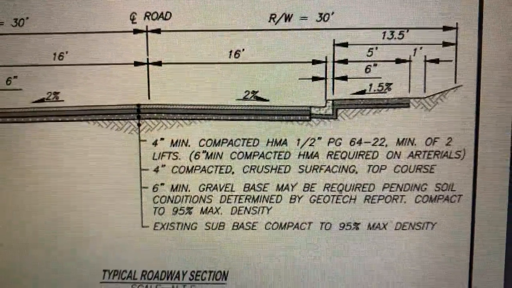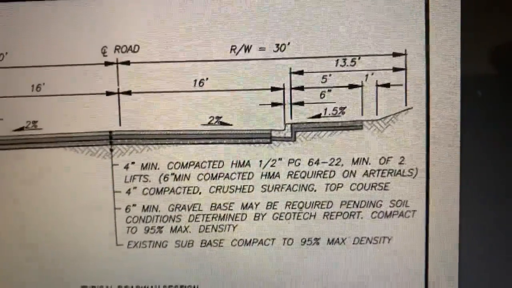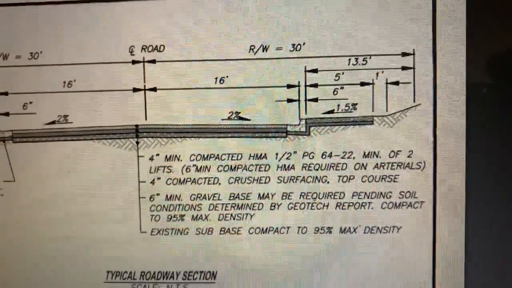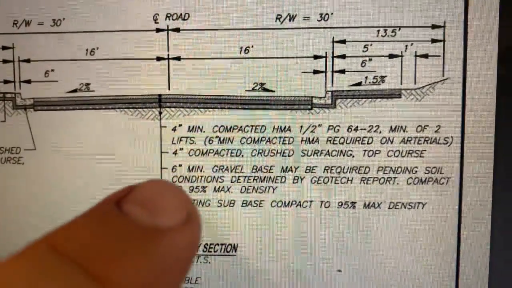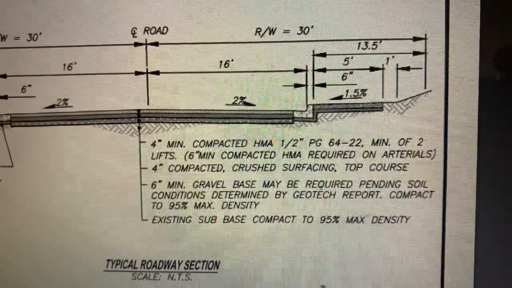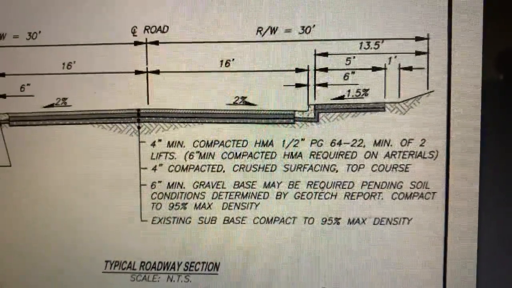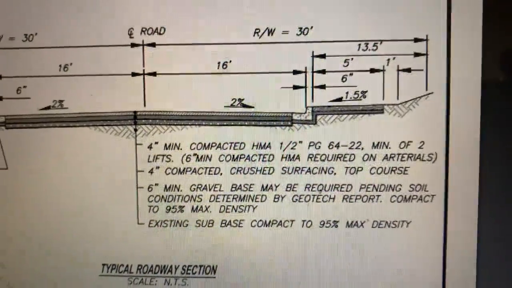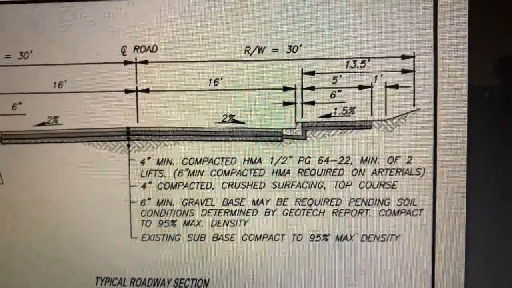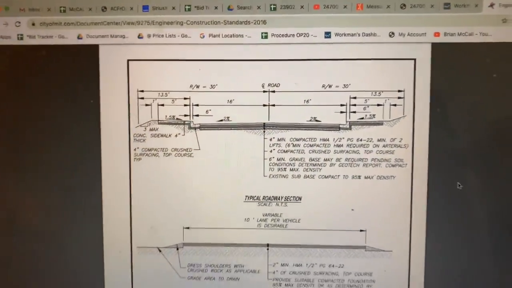So what we need to do here is include the gravel on this asphalt restoration. So I believe we're going to have to go 4 inches of compacted crushed rock, and then 6 inches of asphalt, and we'll do 2 3-inch lifts on it. That's going to be the detail for all the asphalt restoration out on the road.